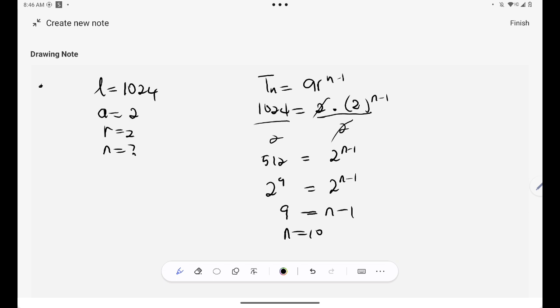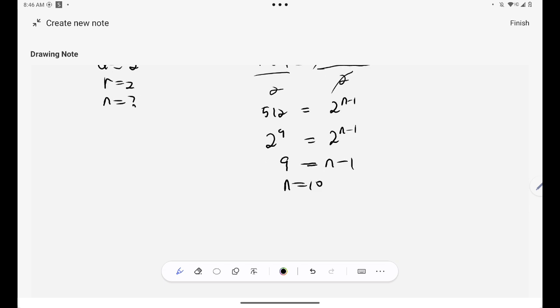So n minus 1 is 9, and n is equal to 10. To answer the question, therefore, there are 10 terms in the sequence. Are you together?